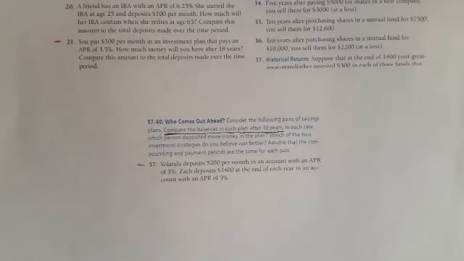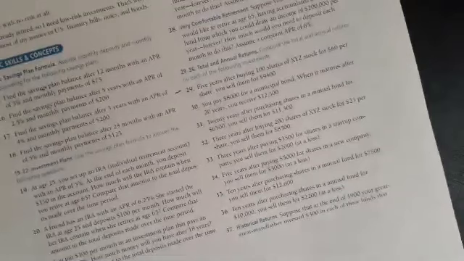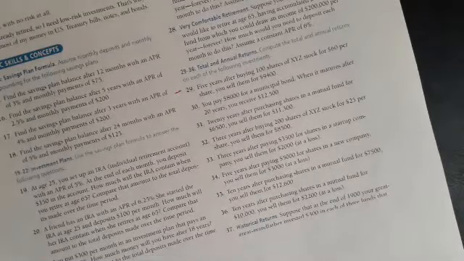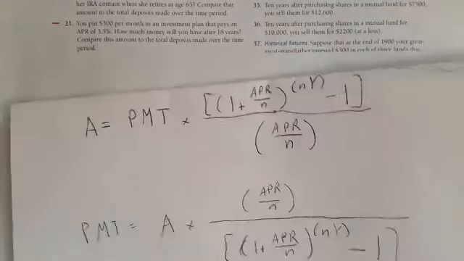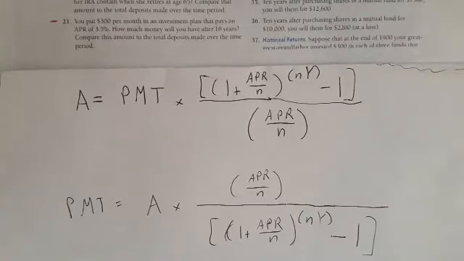The payment amount was $300 per month. And how much money will you have after 18 years? So reading that, I'm hoping you're looking at this problem, those two things.